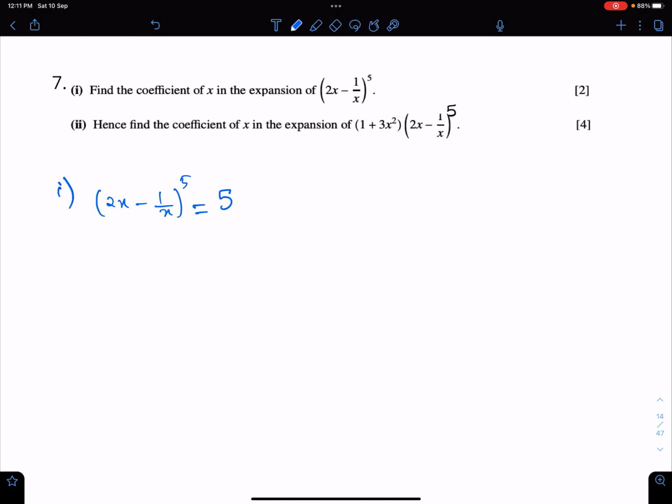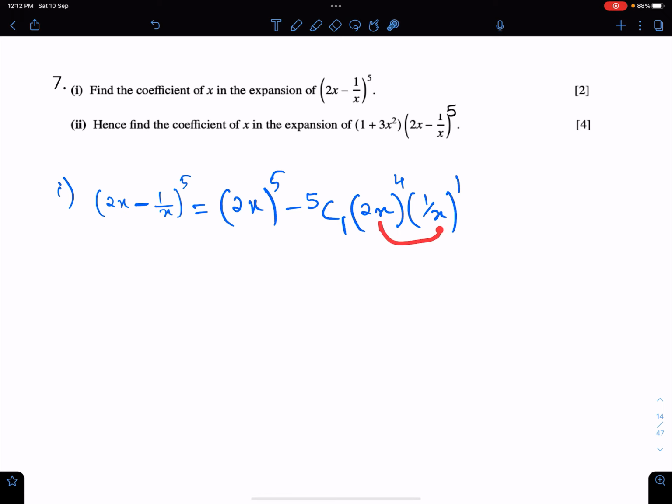So a to the power 5, then put a negative sign because the signs should alternate. 5c1, 2x and 1 upon x, the second term. This power is 4 and this power is 1. You have to do the calculations mentally. When you simplify these two, you will get x cube, and you need x.